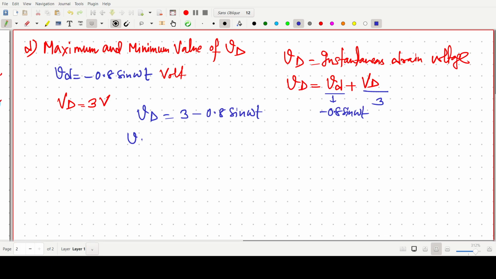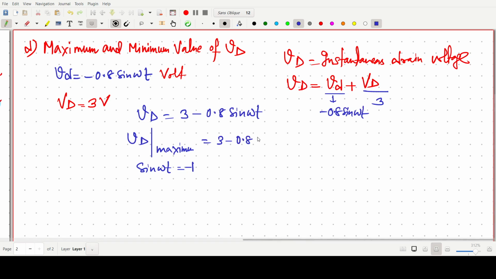So vD maximum we have to find. Sine omega t will be minus 1. If sine omega t is minus 1, the value will be maximum.